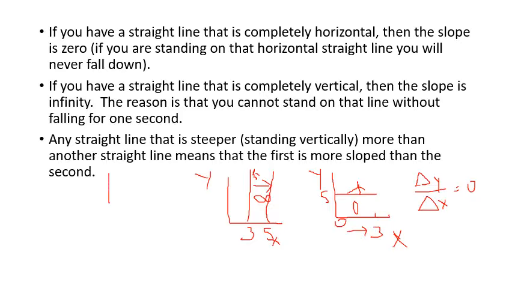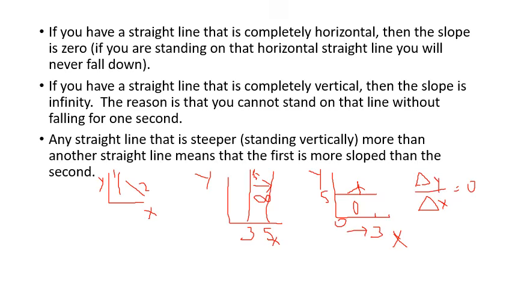Okay? In order to remember relativity in science, this is x, this is y. Suppose you have a line like this, and a line like that. I'm going to call this one line 1, and this line 2. In that case, I say that line 1 is steeper than line 2.